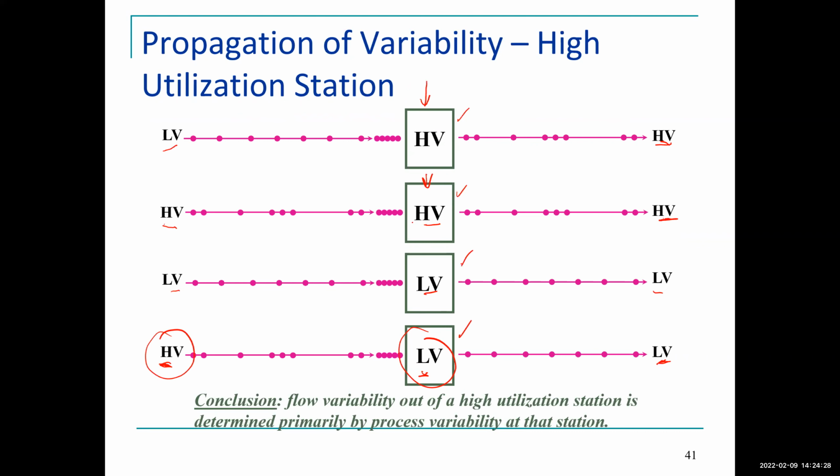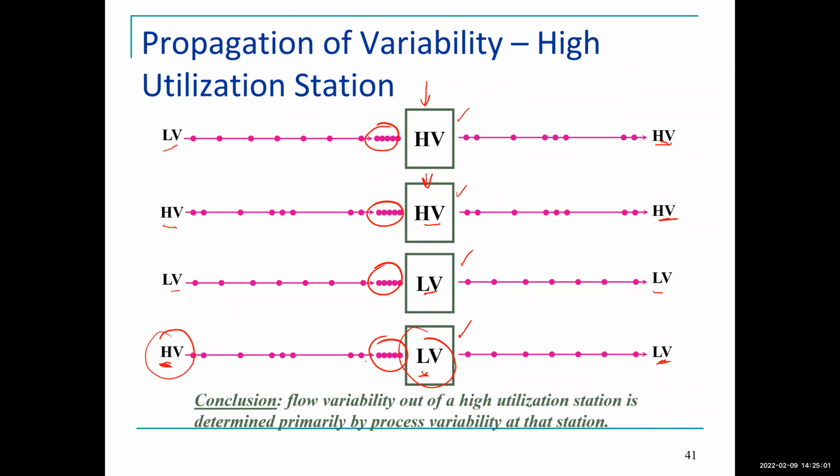This machine is busy, and the machine is going to be processing based on its own pace. The queue is going to be holding the variability, and then they're going to be going out based on the machine processing time. So that's the difference. With high utilization, you get to see all these queues forming here.